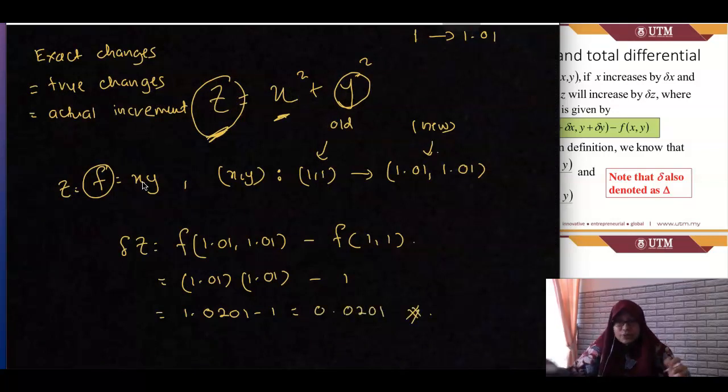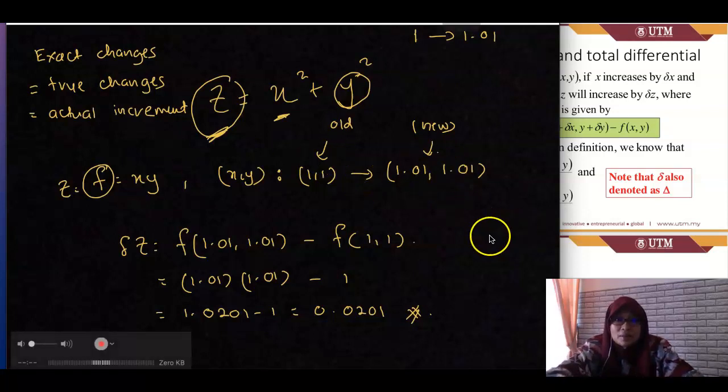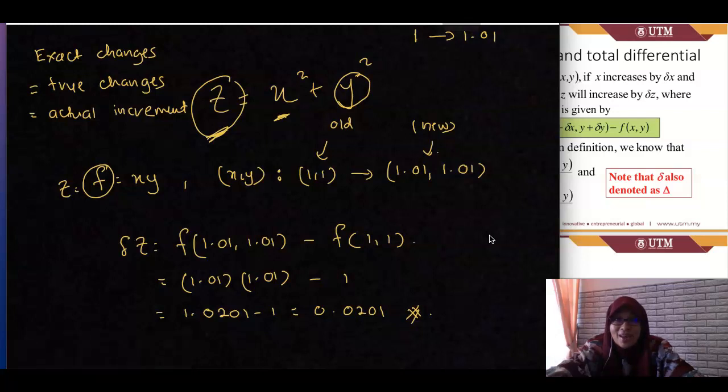This is called the true change without using total differential. The total differential can approximate the change of z, just an approximation. So this one is the old style, without using total differential.